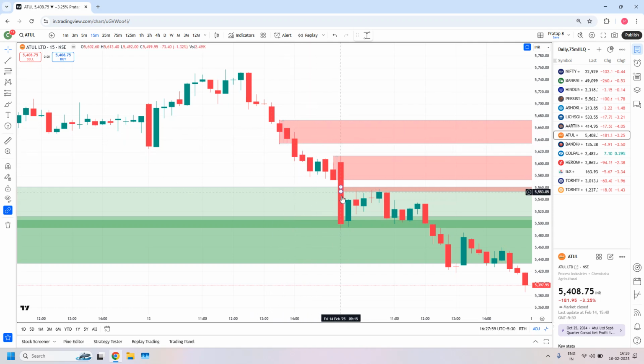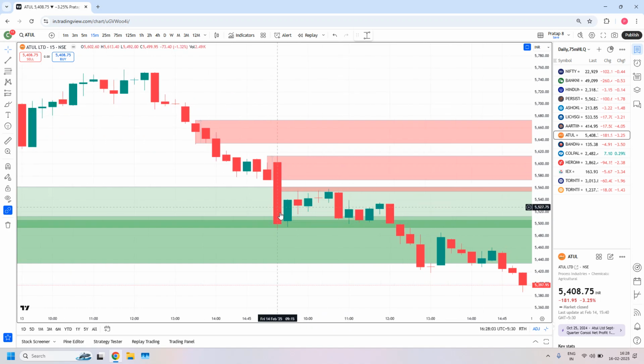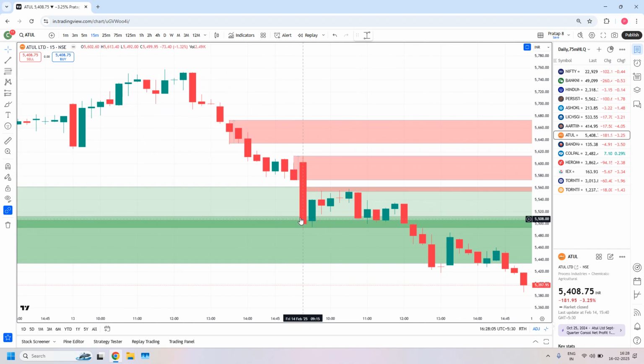But once prices reached here, after that this candle is closed. That means before closing you already took the trade. After the candle is closed, a new drop base drop is confirmed. That means you need to revise your target from the initially set target to the latest target.